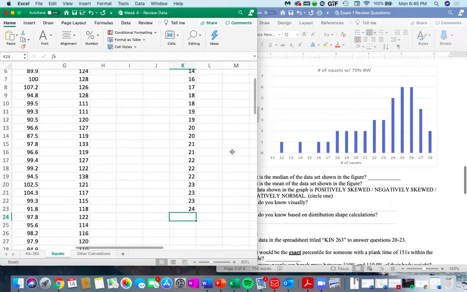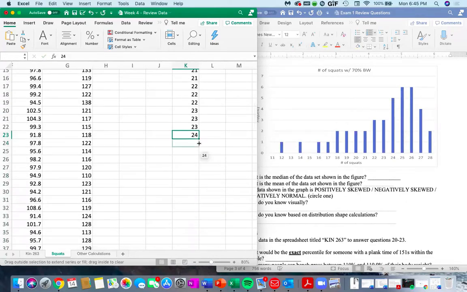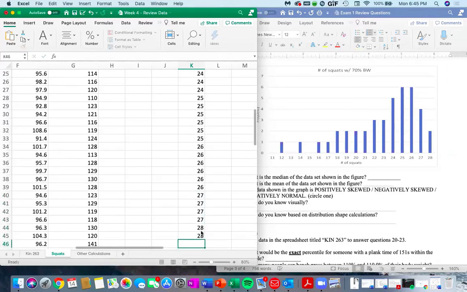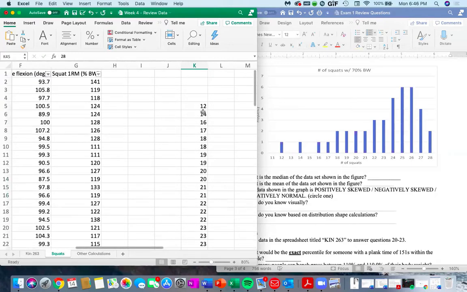There are 5 24s, 6 25s, 4 27s, 2 28s. Right, so we could list all of our numbers out this way as well.